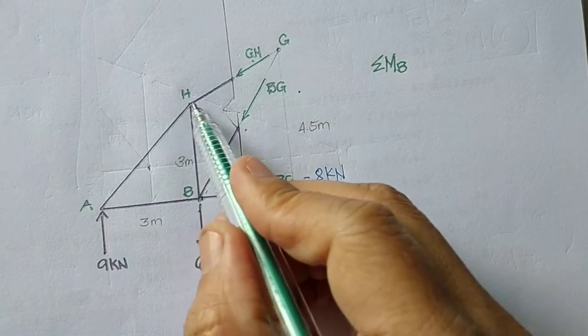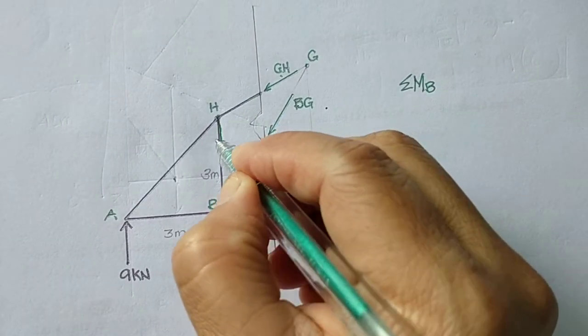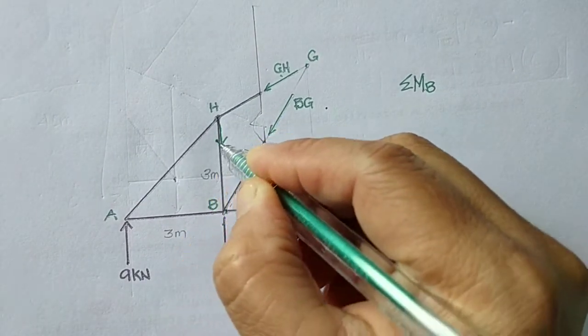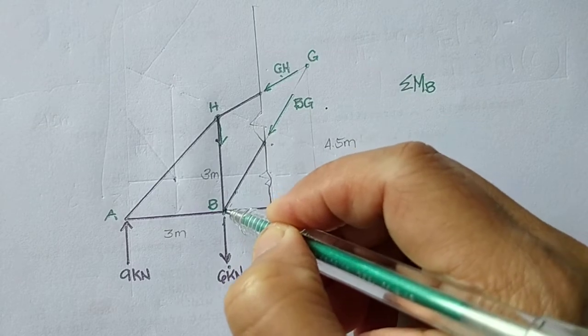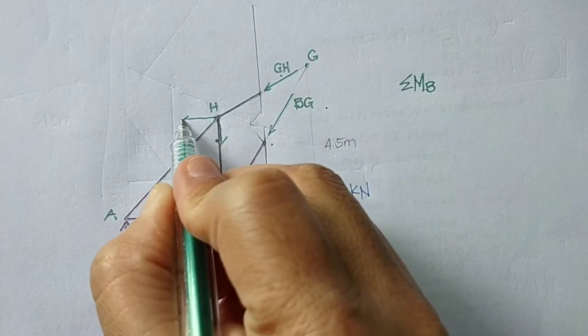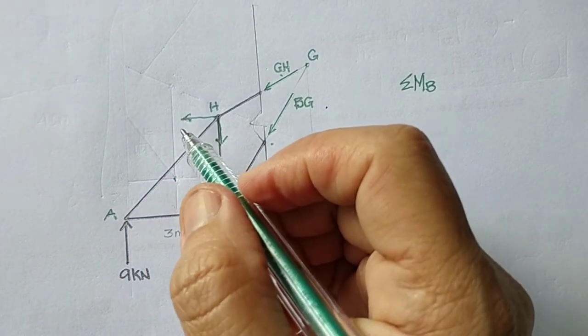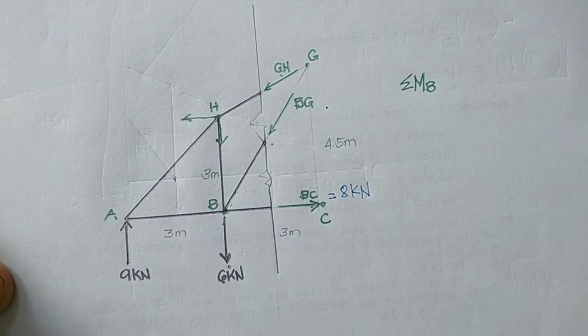So I will put the component of GH here. The vertical component of GH is 0 because it is concurrent with this point. What is left is the horizontal component, which is the same as the slope of the previous.